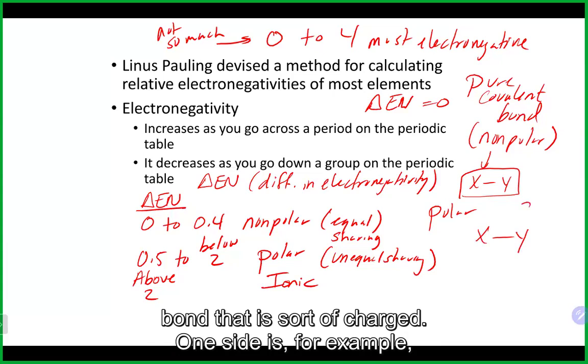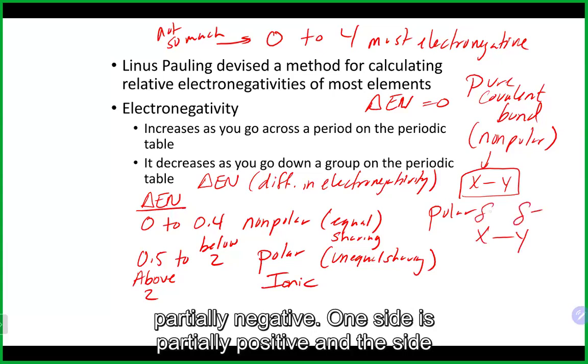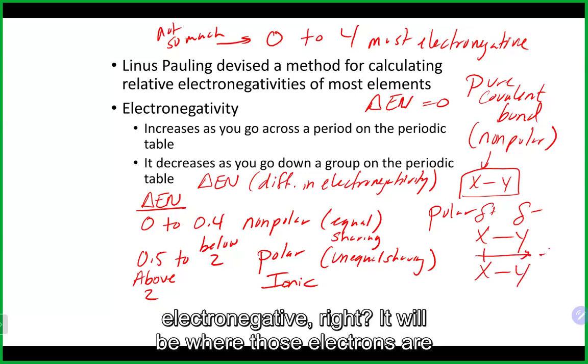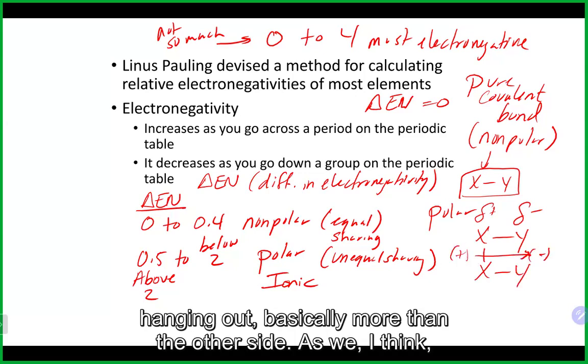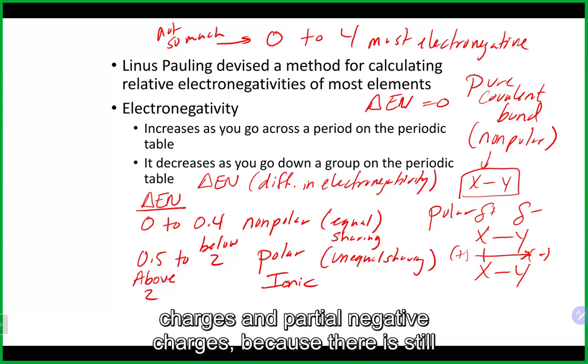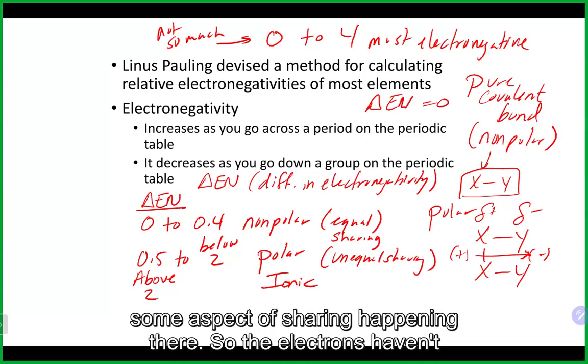One side is, for example, partially negative, one side is partially positive, and the side that's partially negative would be the side that is more electronegative, right? It will be where those electrons are hanging out more than the other side. As we talked about last time, they are partial positive charges and partial negative charges because there is still some aspect of sharing happening there.